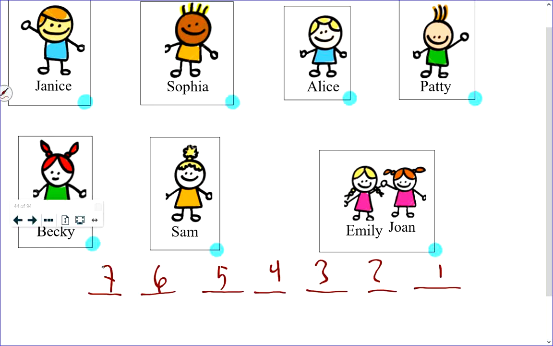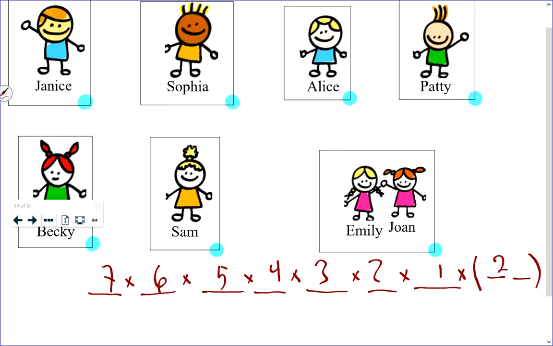So we also have to multiply by the number of ways to arrange Joan and Emily, which is easy. It's 2, right? But I want you to understand something here, because it will not always be easy, that we're multiplying by this for Joan and Emily.